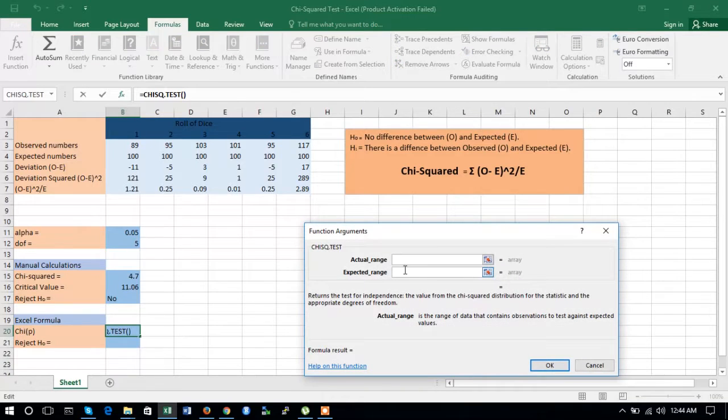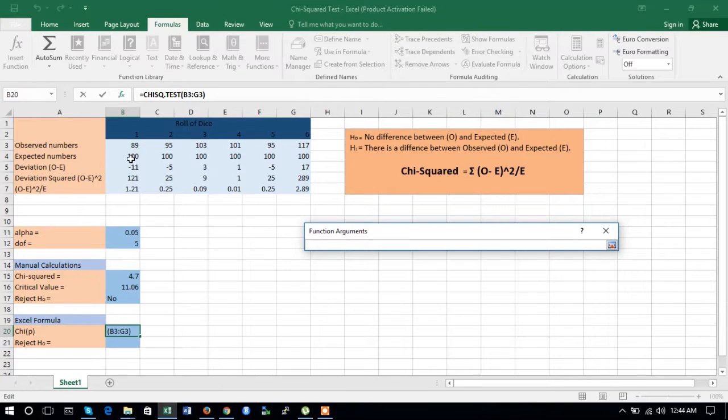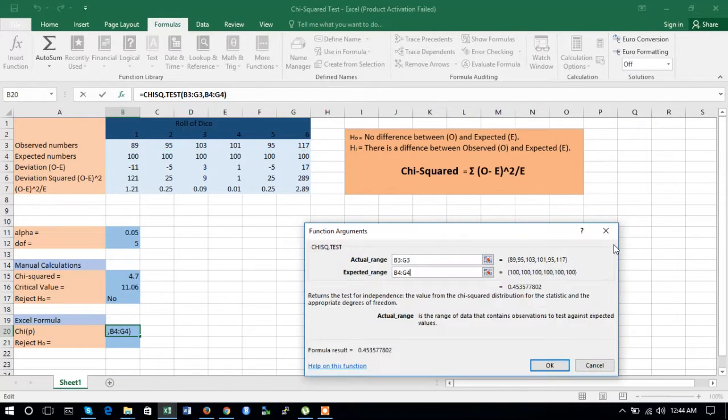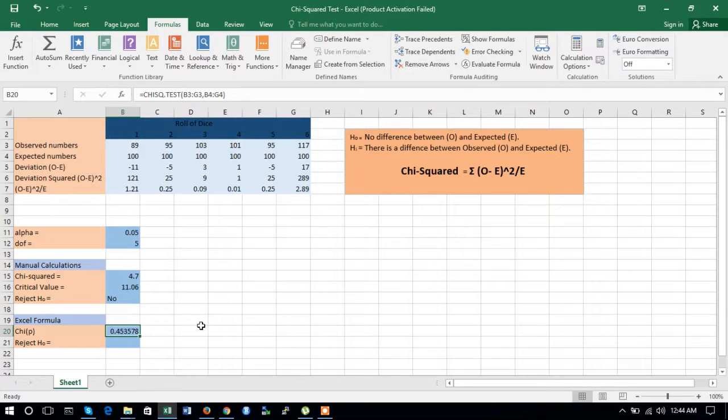You need to provide the actual range, which is the observed numbers. You need to provide all of these six entries, and again you need to provide the expected range, that is the expected numbers, and this is it. Now you need to click on OK to get the value.